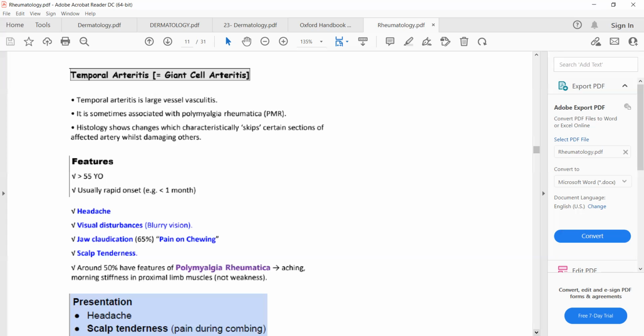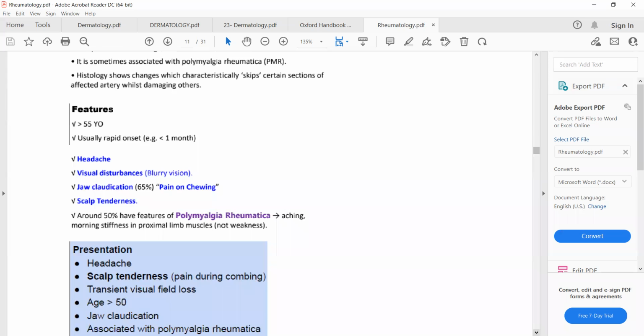And the other differentiating feature is that because it's an autoimmune condition, ESR will be raised in temporal arteritis. And the second difference is that temporal arteritis is associated with polymyalgia rheumatica.